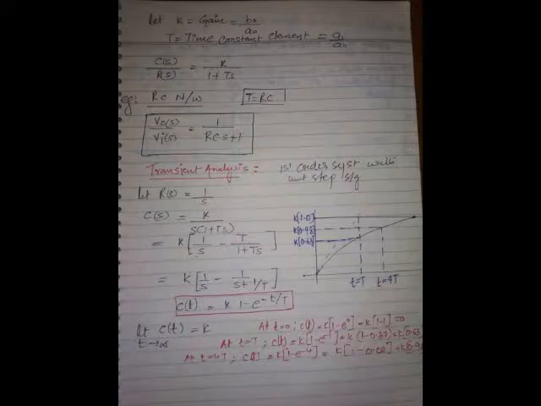This will become K into 0.98. So this response will reach almost 98% of the final value at 4 times the time constant. When t is equal to 4T, then it will reach almost 98% of the final value.